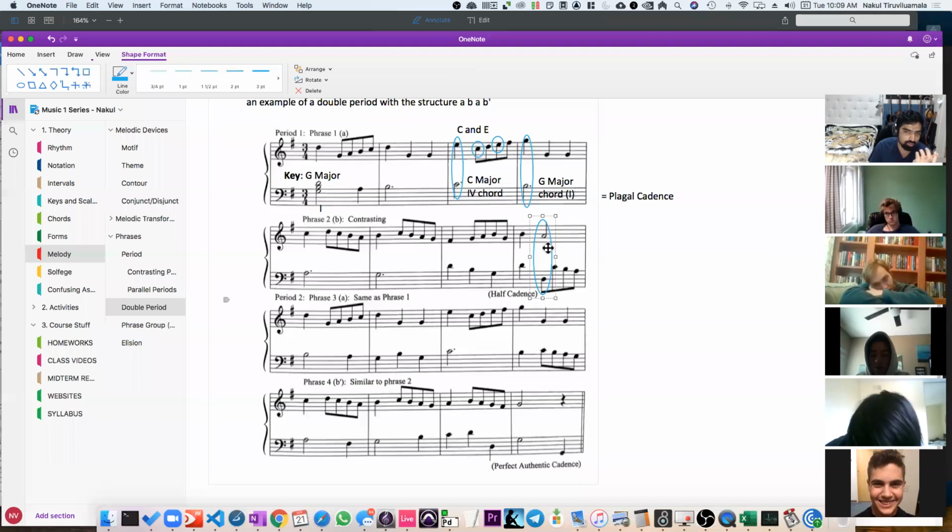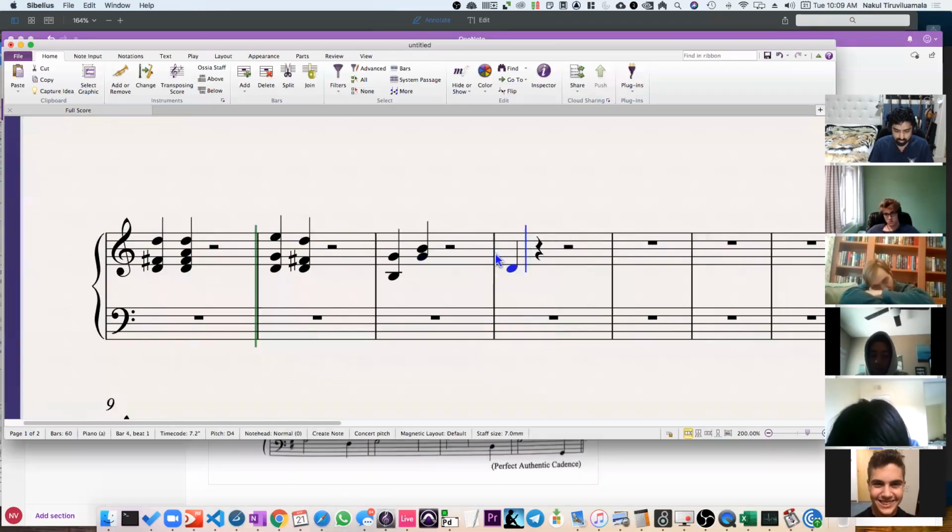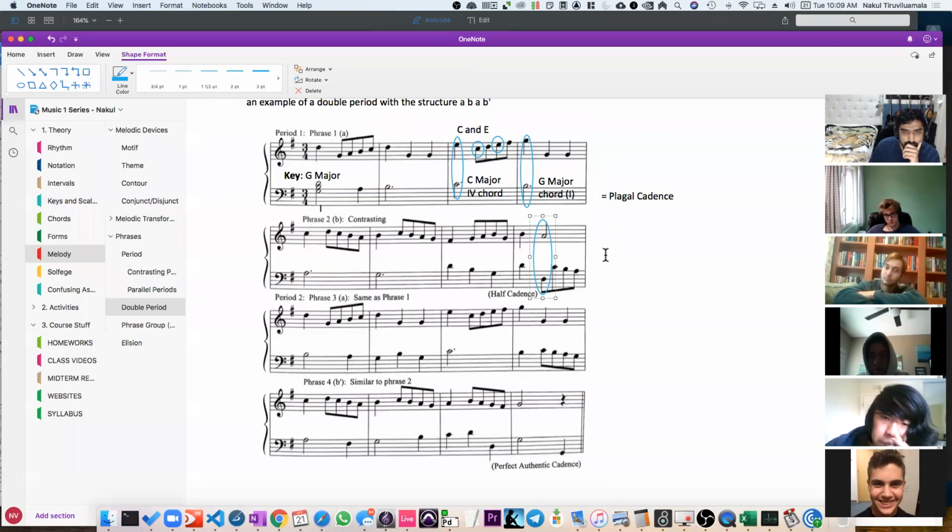But you have the makings of a snowman right here. It's the opposite kind of makings, where you just have a fifth. You might find that the only way to make an incomplete snowman is by having a fifth, right? And the middle note is left out. But the same principle applies. The bottom note of this incomplete or complete snowman is the root of the chord. So what we have really is a 5 chord, which is a half cadence.